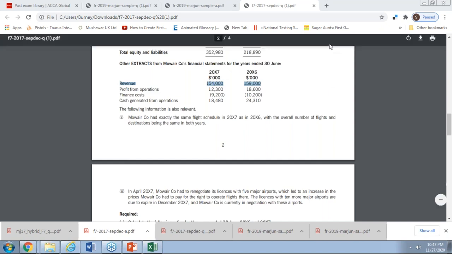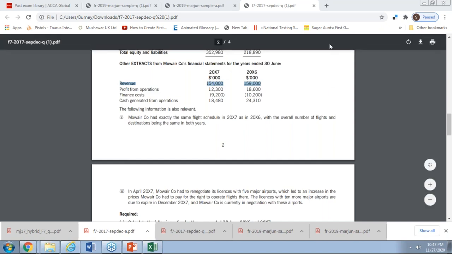So if the revenue is decreasing and the number of flights remains the same, then it means there might be low prices that we are charging the customers, or there might be fewer customers traveling.